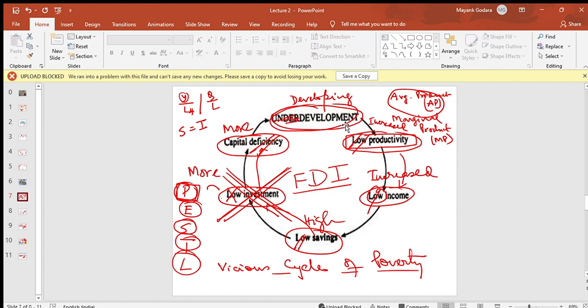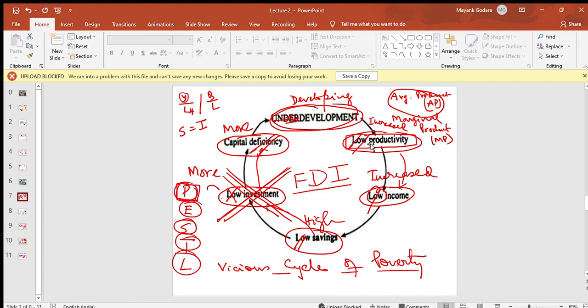Underdeveloped countries have low productivity, due to which they have low income. If they have low income, they will have low savings, and if they have low savings they will not be able to invest. So there will be low investment, which means capital deficiency, and with capital deficiency they will remain underdeveloped.